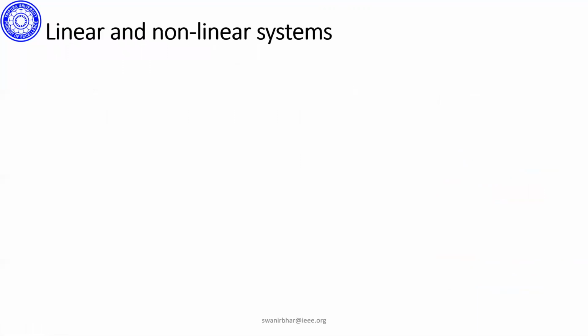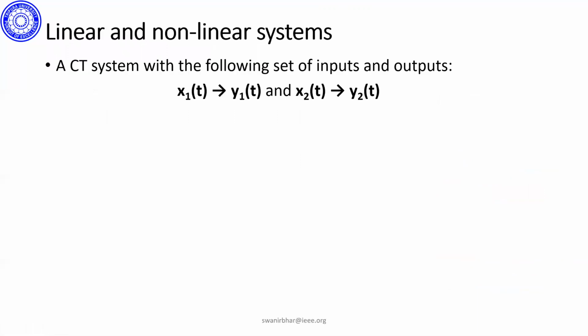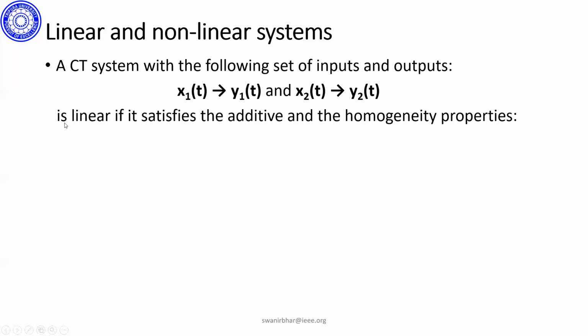First, linear and non-linear systems. Here we have a continuous time system which, when it gets input x1, gives output y1, and when it gets input x2, gives output y2. It is something like when it is 1 ampere I get 1 volt, when it is 2 ampere I get 2 volt in the output. Now this is linear if it satisfies the additive and homogeneity properties.